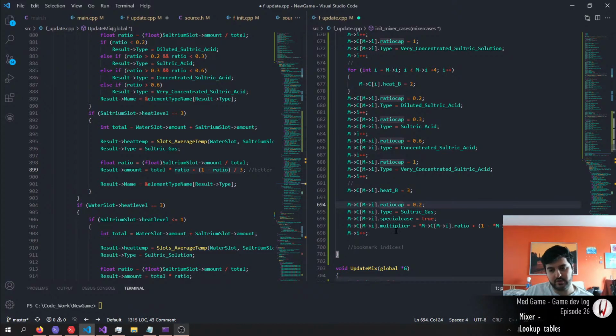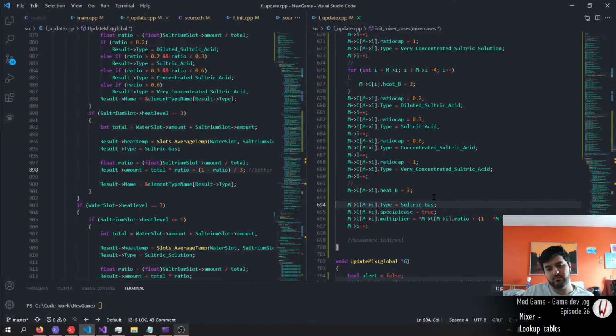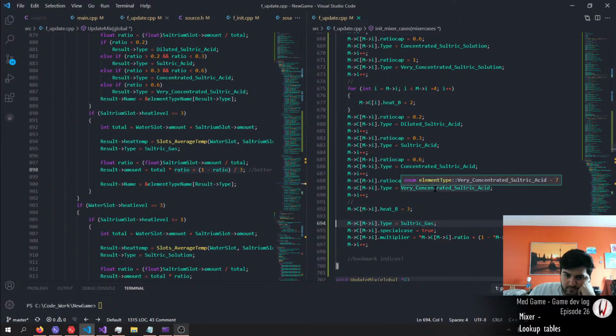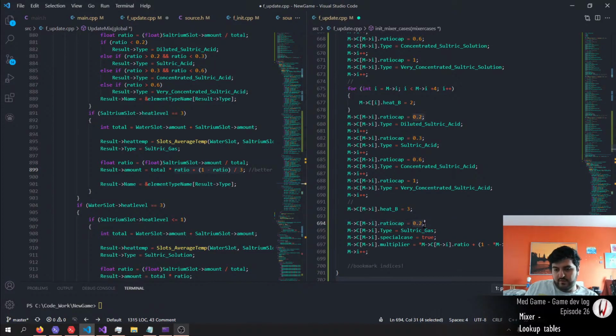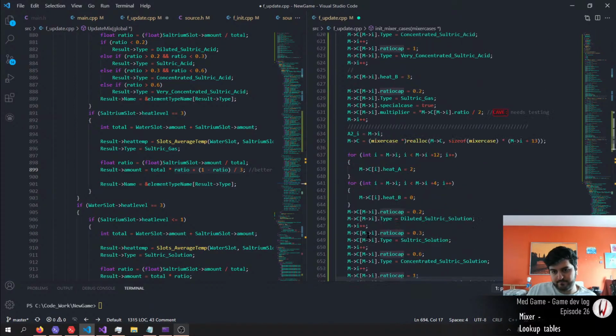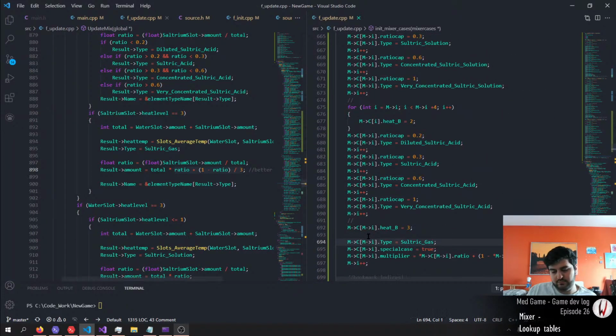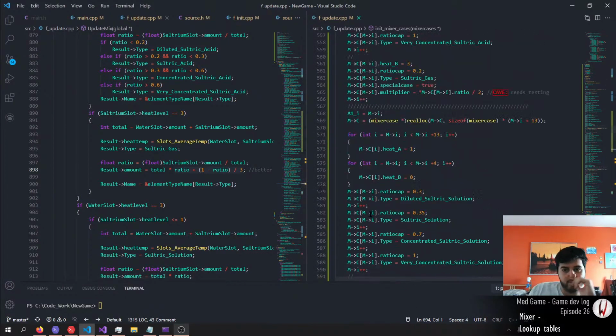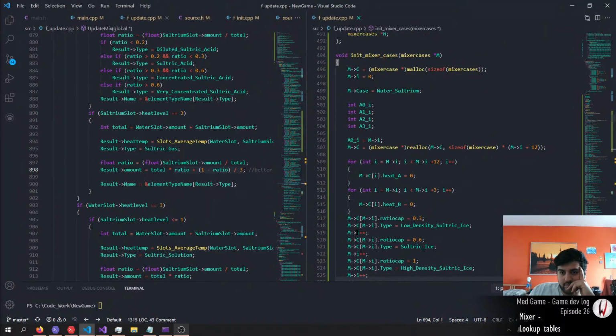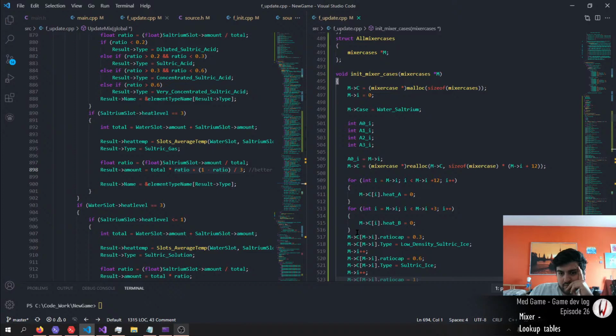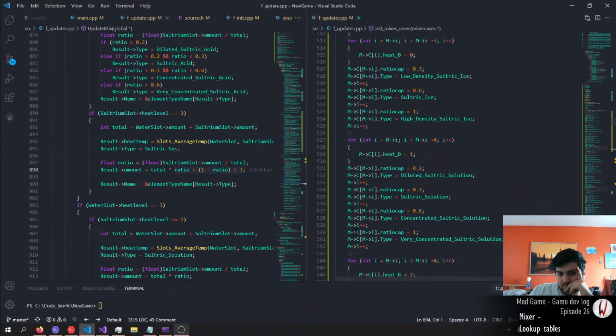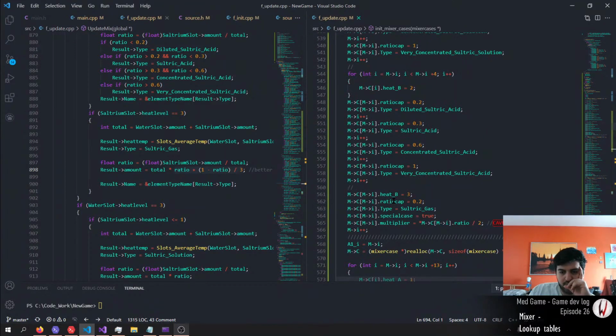It doesn't have a ratio cap. So that case is going to be 1. Or whenever I initialize it, no.